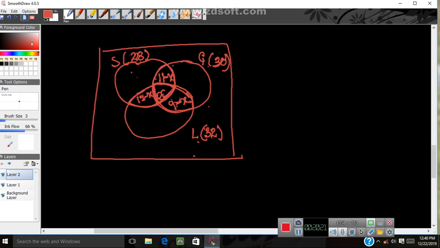The remaining values, I can just put A here, then I can go here and put B, then I can come down here and put C. I go outside my set, and the sign I used for the universal set was U. So this is my universal set and it is 65 students.